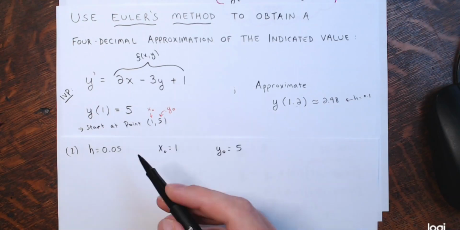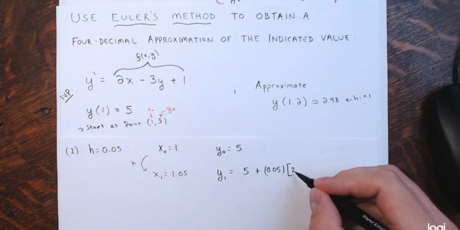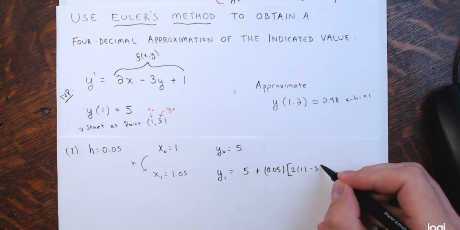And then I make my step of h, and we get x1 equals 1.05, right? I'm going from 1 to 1.05 now. And y sub 1, using our recursion formula, would be y sub 0, so 5, plus h, 0.05, times f at x sub 0, y sub 0. So f at x, 2 times x sub 0 minus 3 times y sub 0 plus 1.